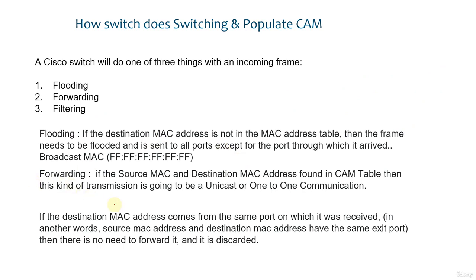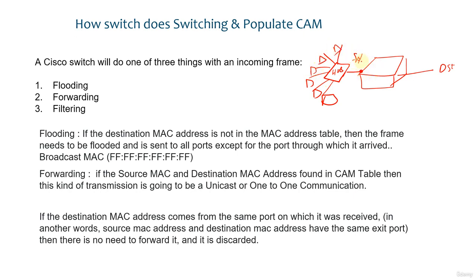And the third one is called filtering. In the filtering case, for example, we have this switch, we have the destination over here, and in between, let's suppose we have some kind of hub device. The hub is connected with multiple computers. They are all connected on FastEthernet 0/0, on the same port.